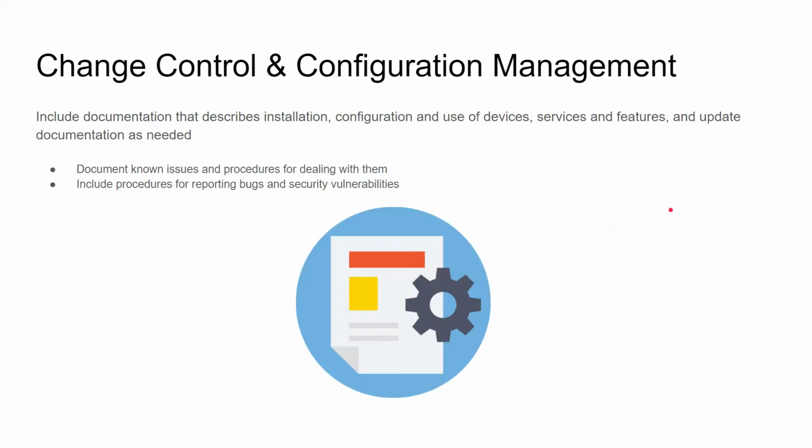You should include documentation that describes installation, configuration and use of device services and features, and update documentation as needed. So make sure you have documentation where you can include the configuration. For example, if you are using a switch or maybe a firewall or maybe a server or file server, make sure you make a proper installation document for that and mention what the configurations are.